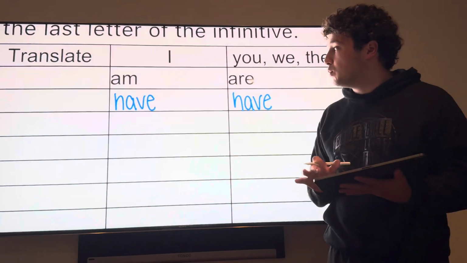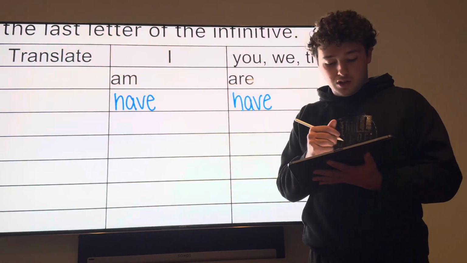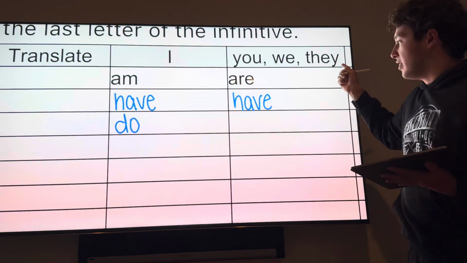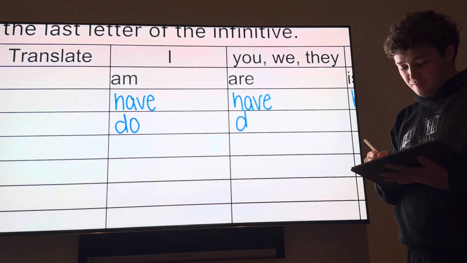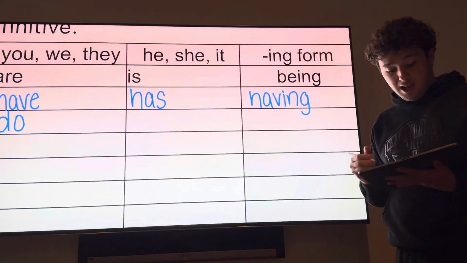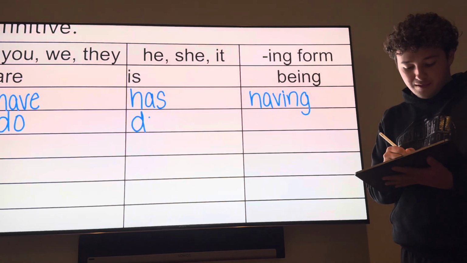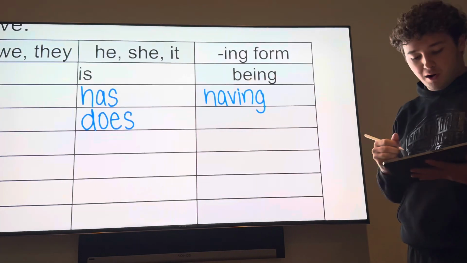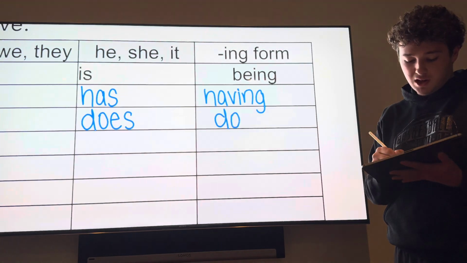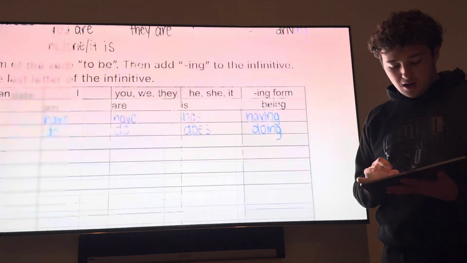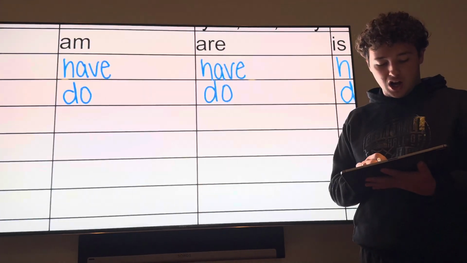Now we have do. I do. You, we, they do. He, she, it does. And then finally, same part here, just adding ing to form doing. Doing. Okay, last but not least, let's look at go.